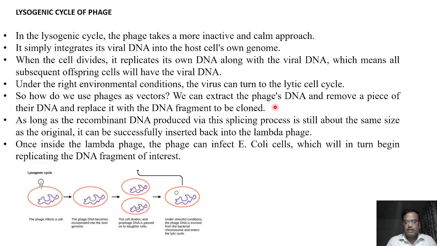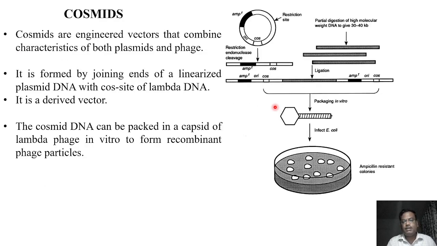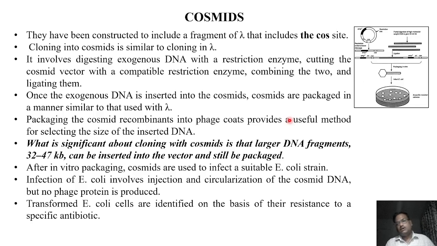In the case of a phage, it is going to insert the phage DNA, but here it is going to insert the cosmid, which is artificially created and which is bundled into the phage. So that is the advantage of the cosmid being used as a vector.